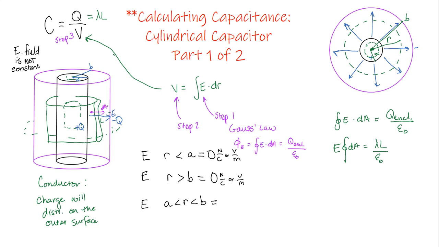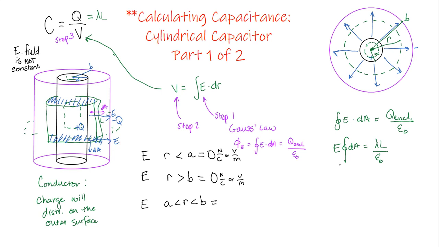I know that the cosine of the angle between these two vectors is 0, and so the dot product is going to be 1, and so that's great. I don't have to worry about that. The end caps of the Gaussian surface, so this part of the surface and the bottom piece of the surface, there's no flux there because dA, of course, and E are at 90 degrees to one another, and the cosine of 90 degrees for the dot product is just 0. So I'm only dealing with the sides.